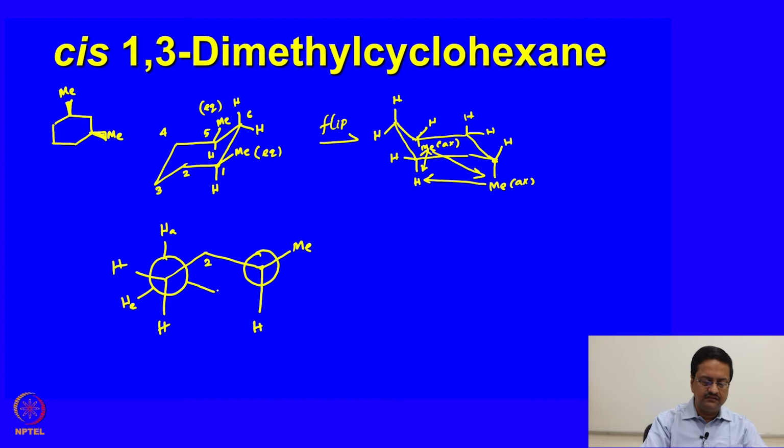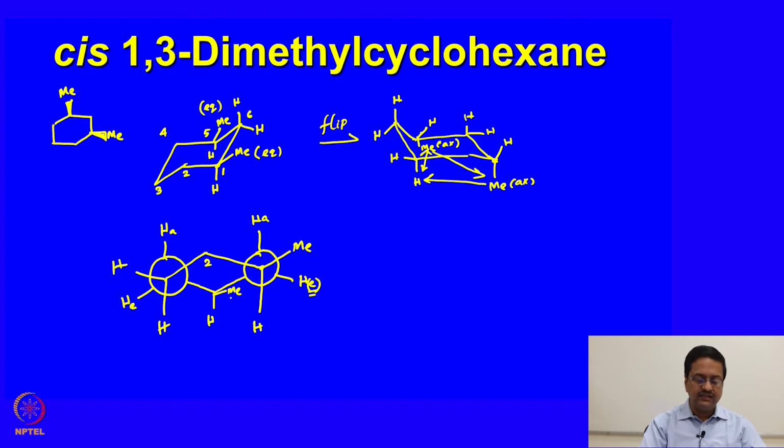This is connected through 5 to that, and this and that are the corresponding axial and equatorial hydrogens. The methyl group here is in the equatorial position, so the hydrogen is here and the methyl group is in the back side. This is equatorial, don't mix it up.